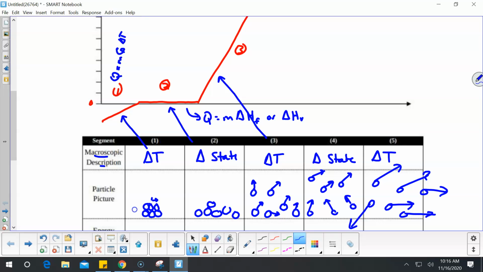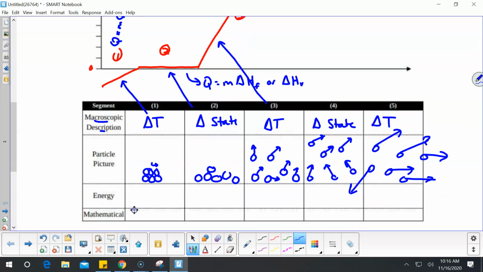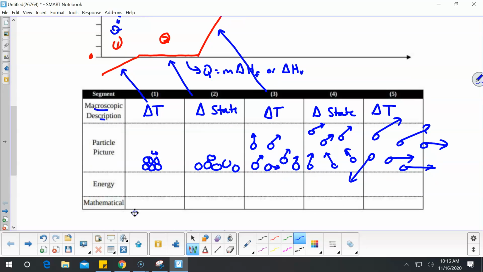Another thing we can look at is that the slope on this graph is positive. It's absorbing energy all the time, so my answer should end up being a positive value. In this part, energy is absorbed.